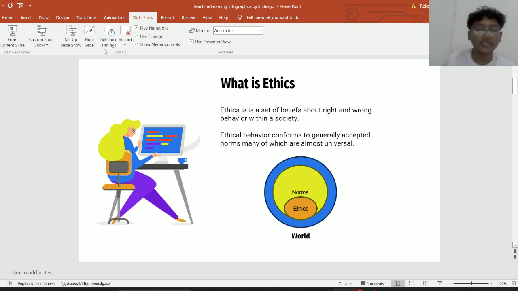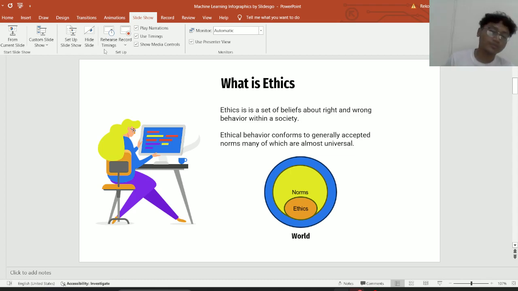And for ethics, it's the way we behave about those rules, or the way we behave about norms, to make sure that we stay away from the wrong side and we behave right. That's ethics. And if we talk about ethics, it's always connected to norms. These two things are connected to each other because ethical behavior always conforms to generally accepted norms, many of which are almost universal.